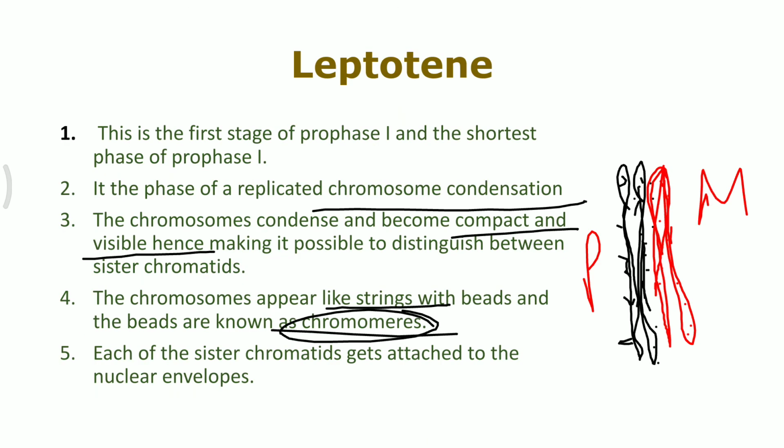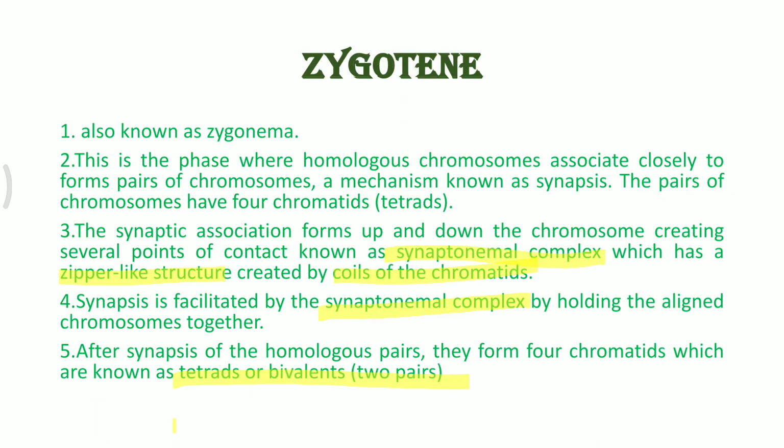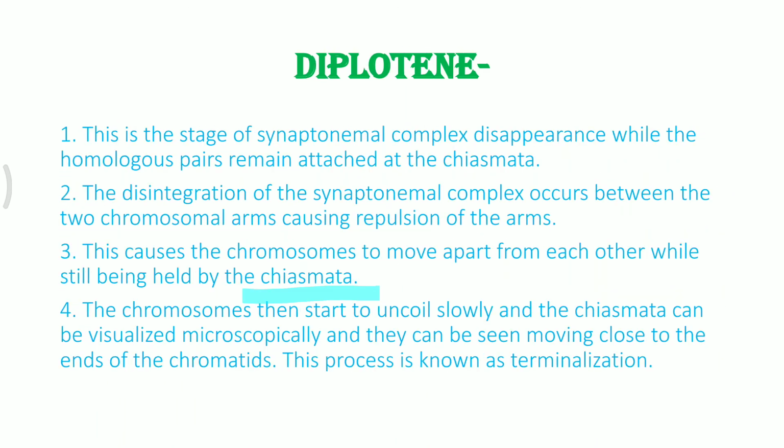Leptotene is beaded structure formation, and the presence of homologous chromosomes close to each other, and formation of chromomeres. This is the characteristic feature of leptotene. So this is how we will be able to discriminate each of the stages.